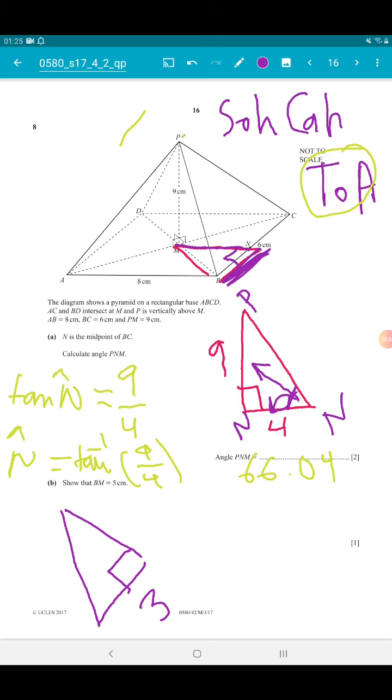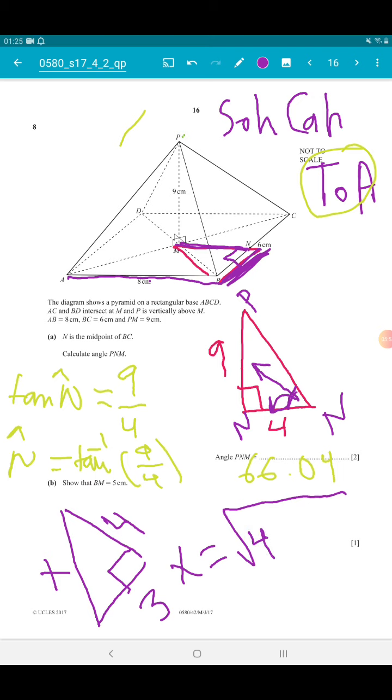We need to show that this hypotenuse equals 5, and the length of this, as we mentioned before, is half of AB, which means it's 4. Now simply you can use the Pythagoras theorem. X equals the square root of 4 squared plus 3 squared, which is the square root of 25, which is equal to 5.